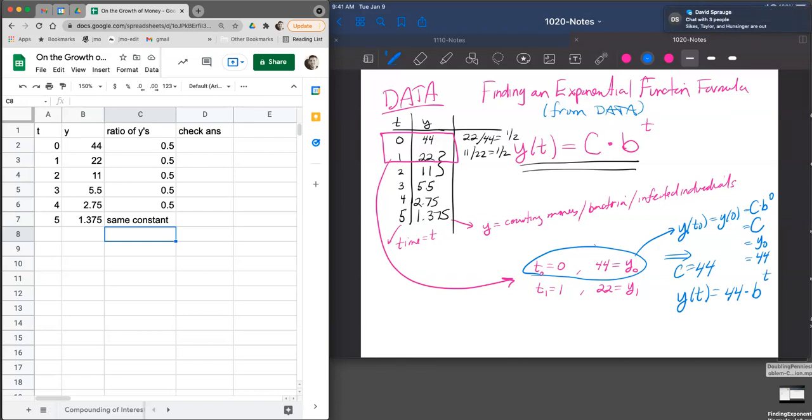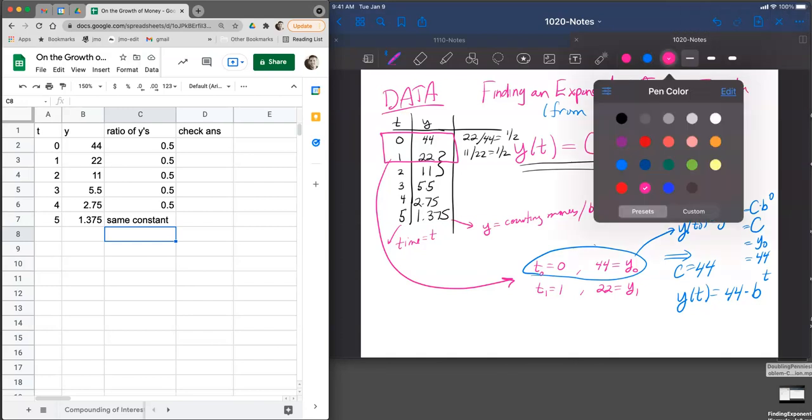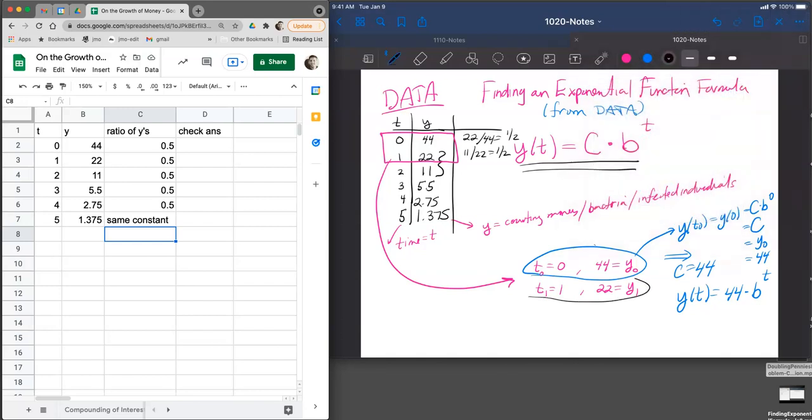We can continue on to the next step by using the other data point to find the base b. When we take the function we know and put in one time unit, we get 44 times b to the first power, which is equal to 22.